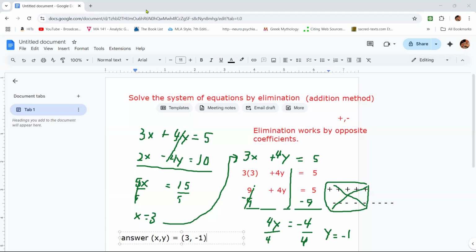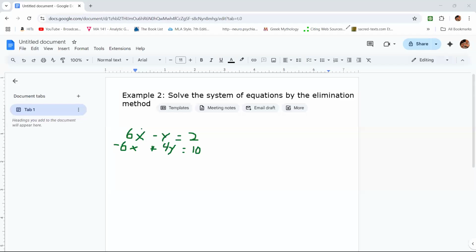You can choose which variable you want to eliminate. Here's my second example. 6x minus y equals 2. Negative 6x plus 4y equals 10. Couple of things I wanted you to notice.